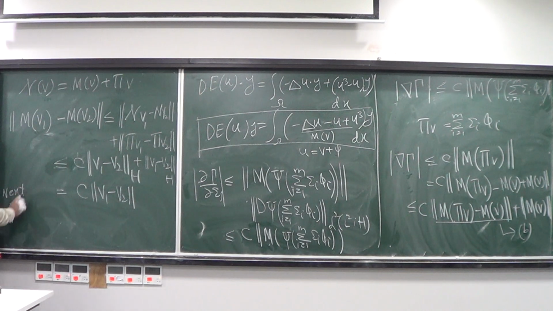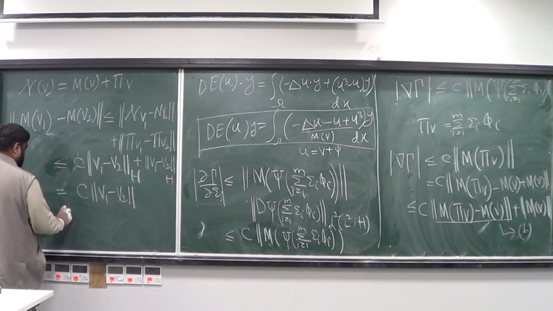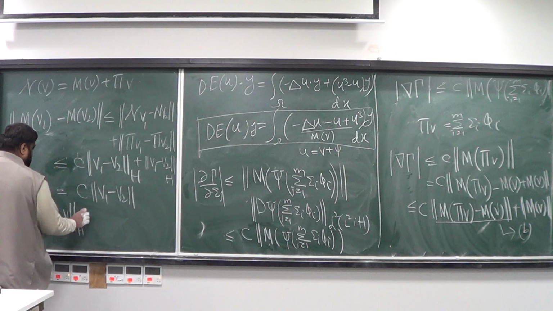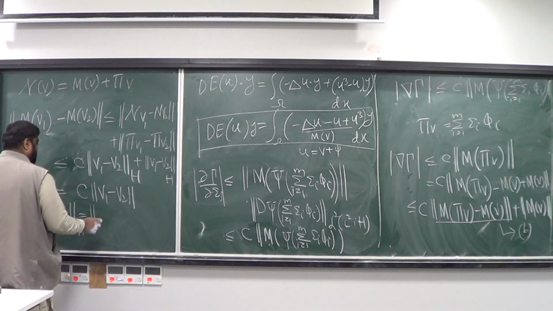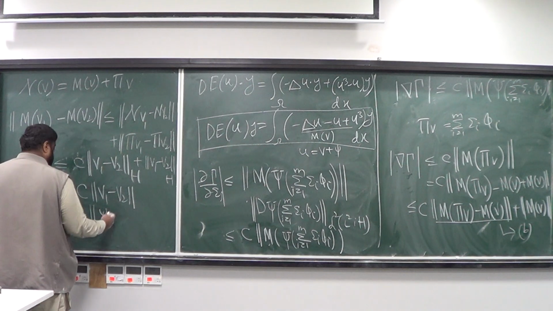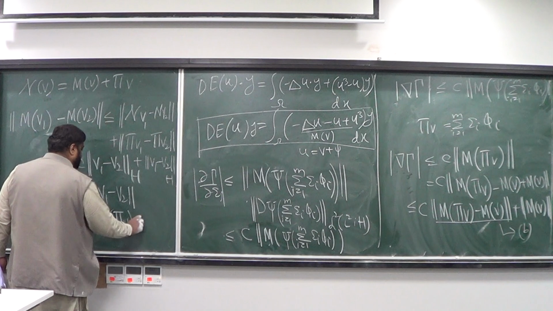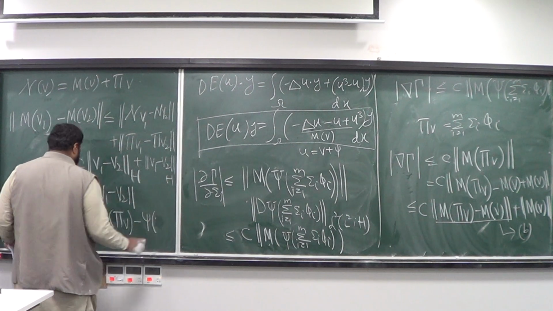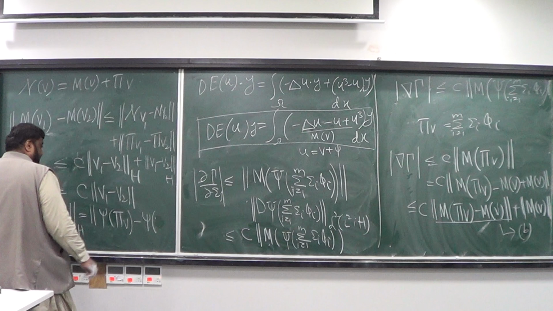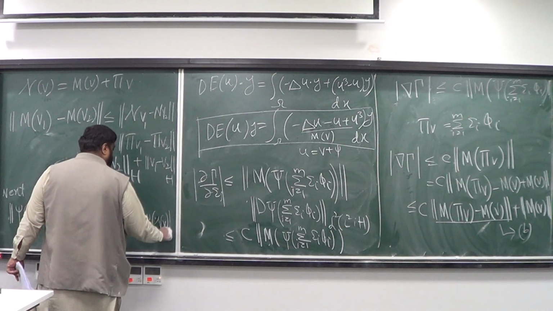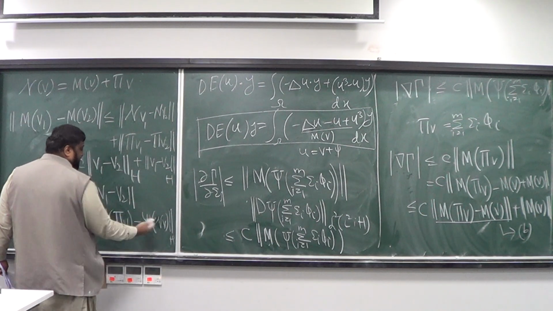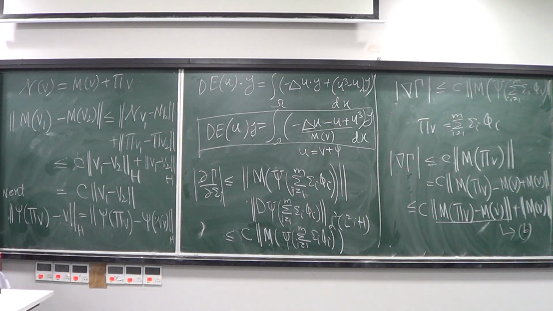Next, if I consider psi of pi v minus v, then in H, I can say that this is the same as psi of pi v minus psi operated onto calligraphic N of v, because psi and N are the inverses of each other locally.